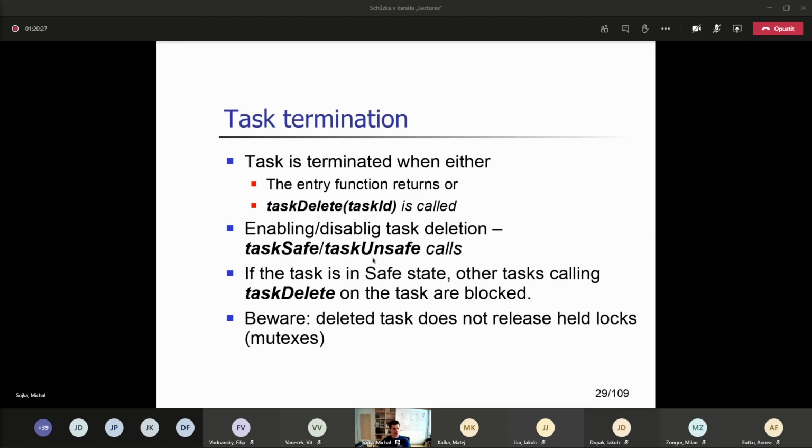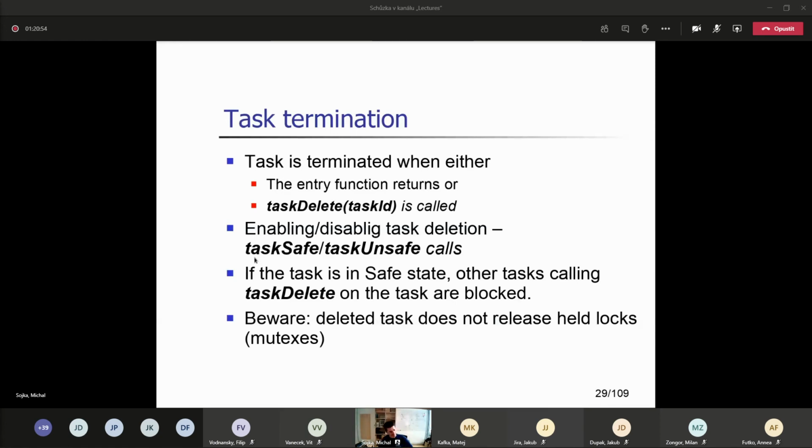Now the terminology is a bit weird. If you call task unsafe, it means that it is safe to delete you. Depending on how you look at the problem, this terminology is the opposite, or maybe I'm just wrong.